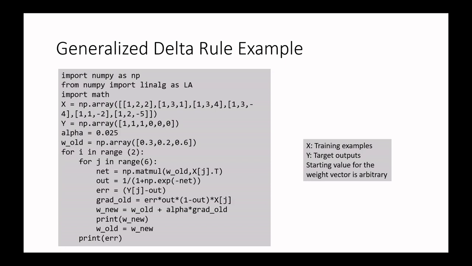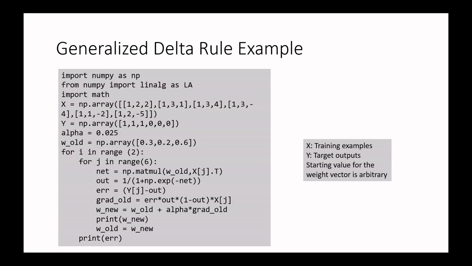In this case, I have already augmented the input examples. You will see that every example has a 1 as the first entry, so the examples are already augmented and we don't need to do anything about that. We choose a delta learning rate of 0.8, and just an arbitrary weight I selected.